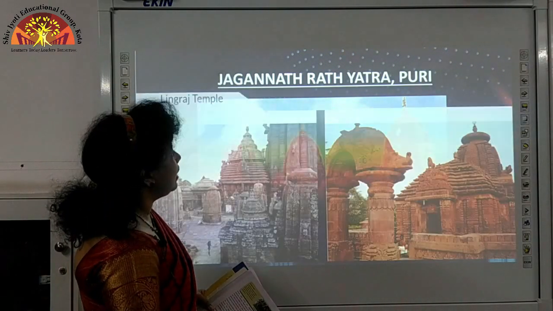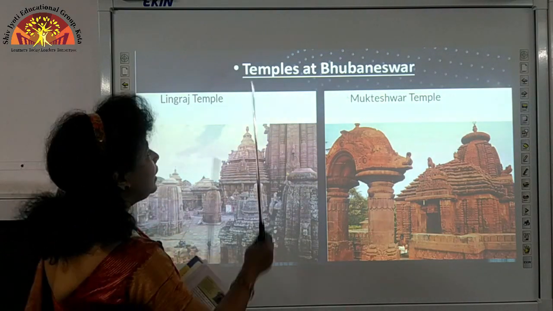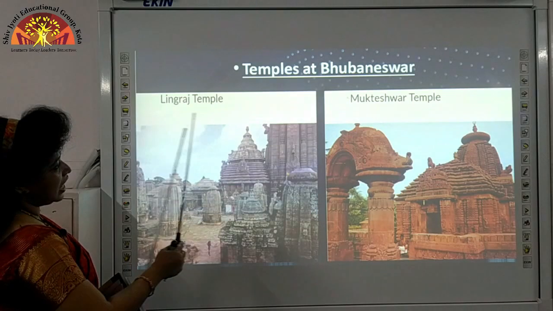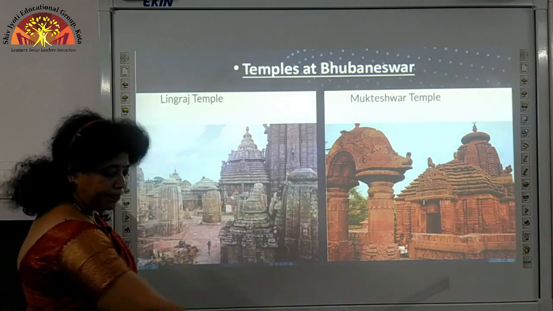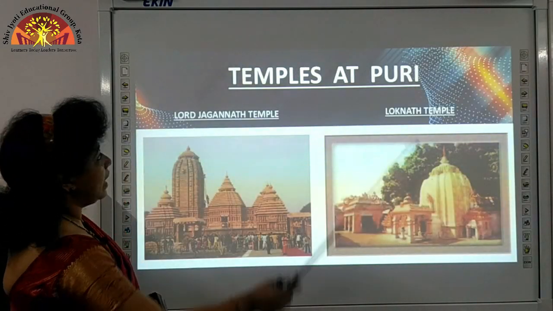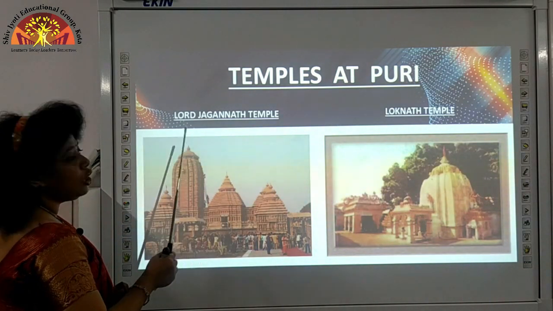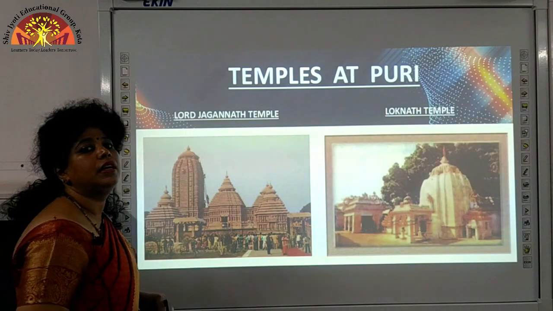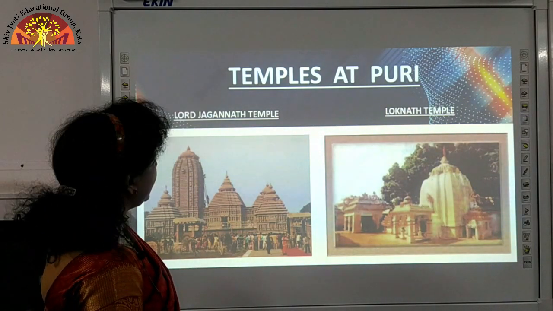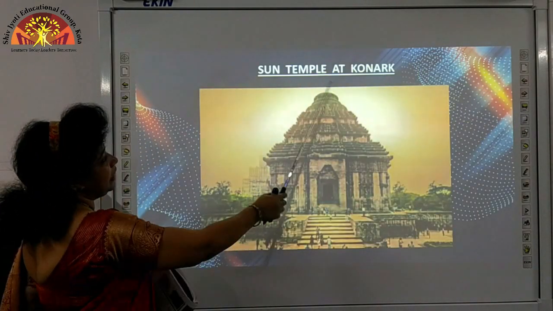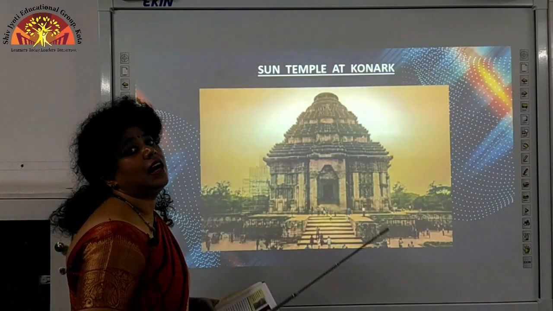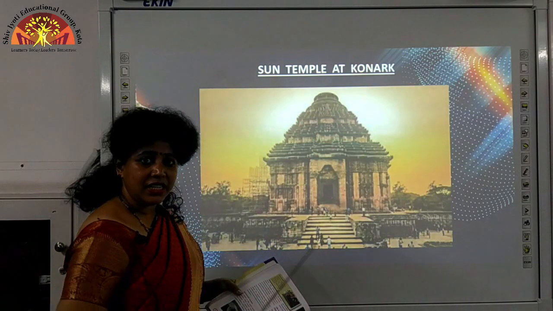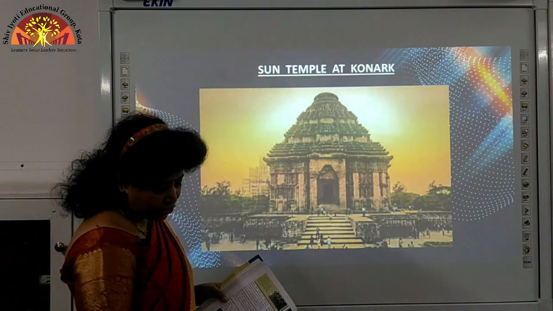Other religious centers of Odisha are temples. The various temples at Bhubaneswar are Lingaraj temple and Mukteshwar temple. Then you have temples at Puri, that is Lord Jagannath temple and Loknath temple. And you have the Sun temple at Konark. So these are the various religious centers of the Hindus, and Odisha is a center for religious tourism.